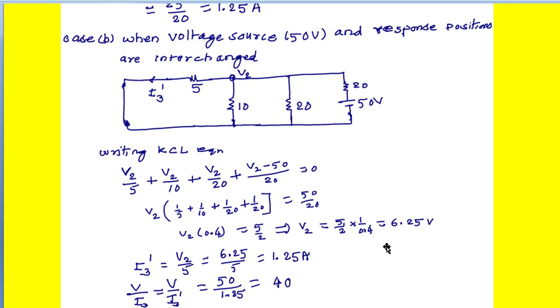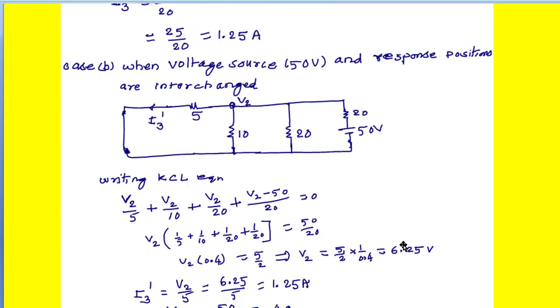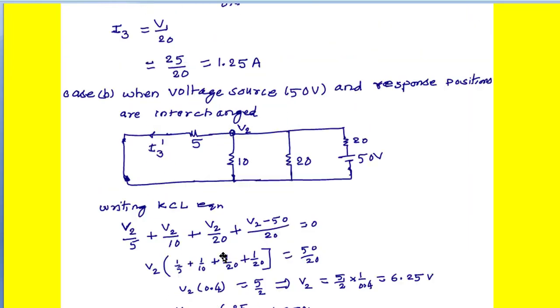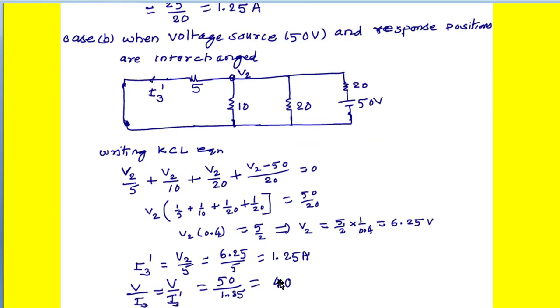So from this we get V2 is equal to 5 by 2 into 1 by 0.4, that is 6.25 volts. Once we know this V2, we can calculate the current flowing in this 5 ohm branch, that is, I3 dash is nothing but V2 divided by 5. V2 is 6.25 divided by 5. So we get 1.25 amperes.